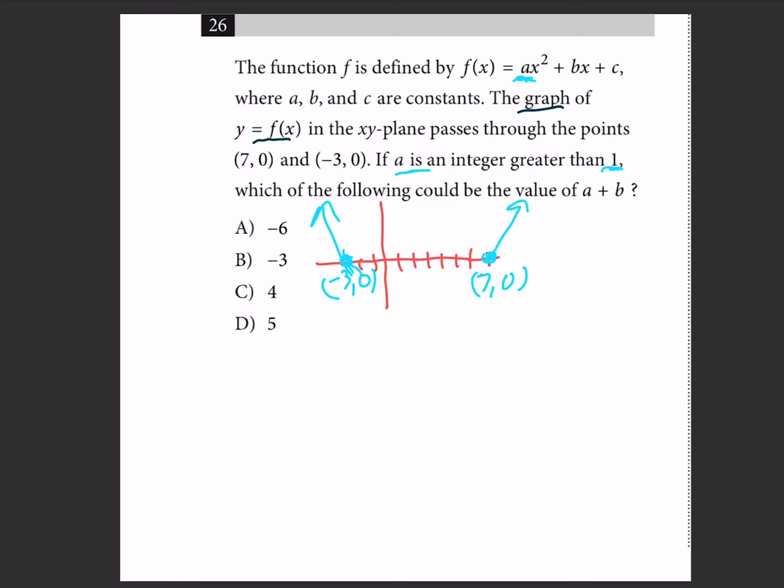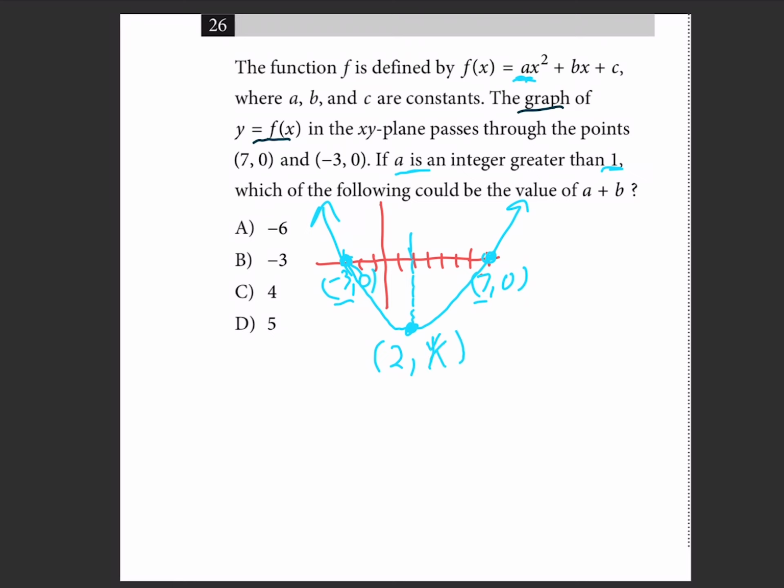So that means as it crosses through the axis, the vertex must be down here somewhere. So, in fact, I'm looking at this and going halfway between negative 3 and 7 is positive 2. So I know that the x coordinate of the vertex is 2, but I don't know the y yet, which we call k. So I'm thinking, how could I find it?